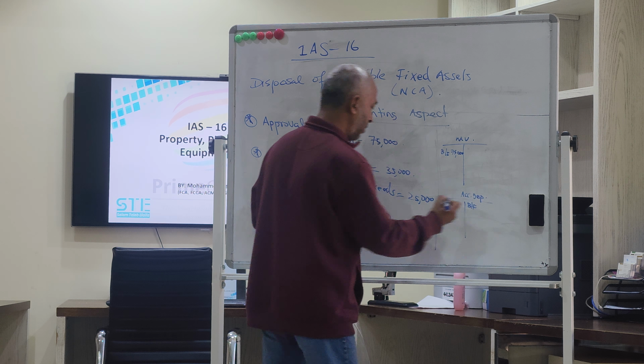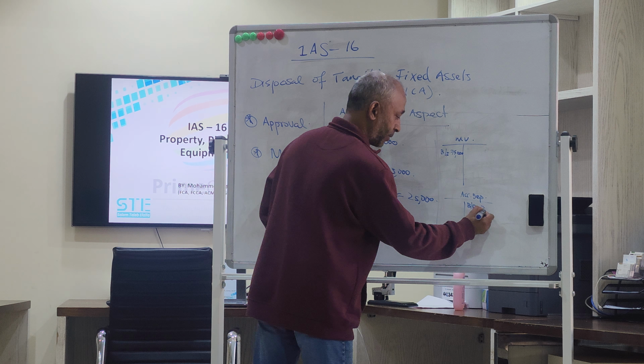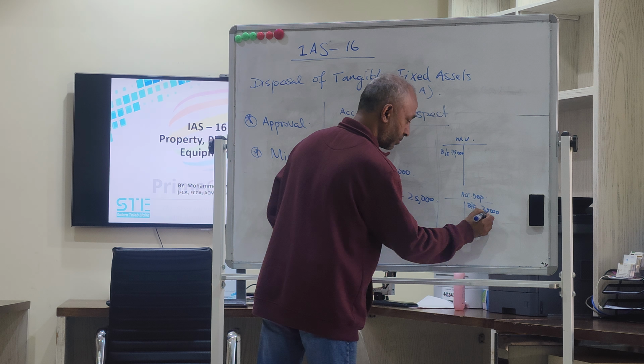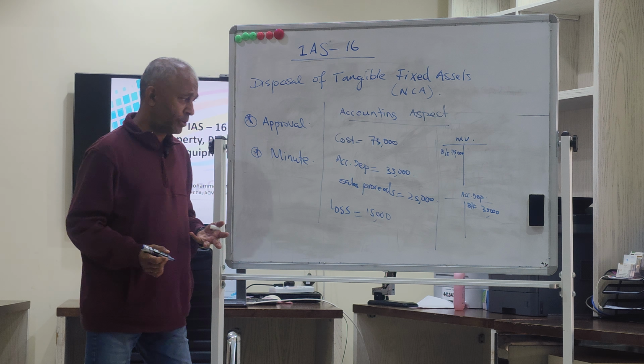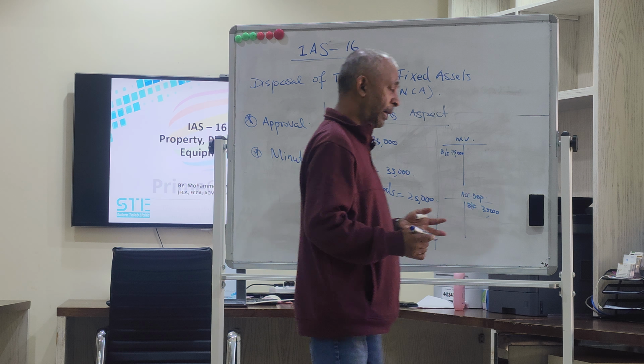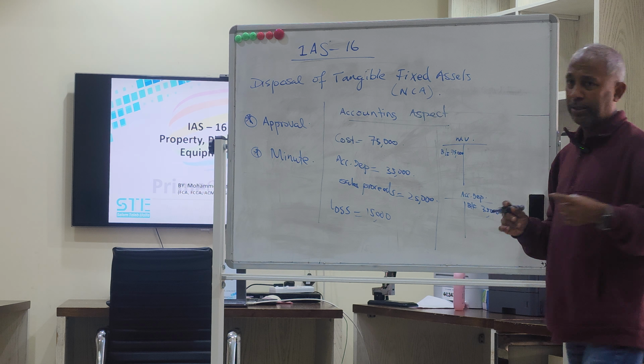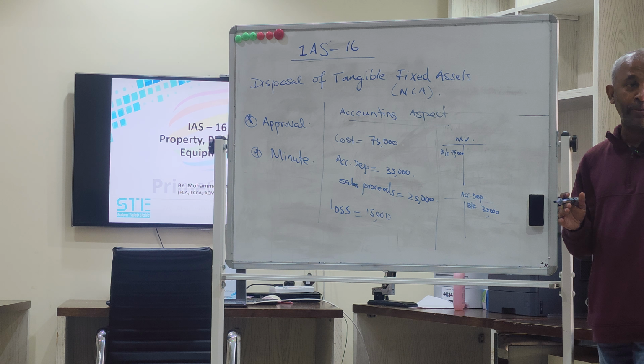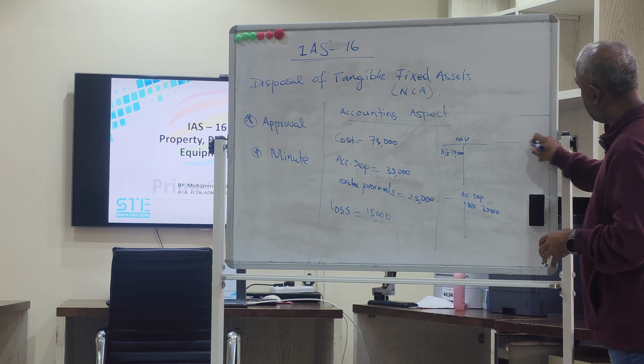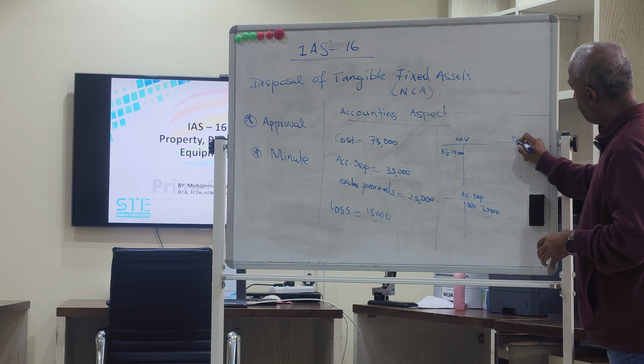The accumulated depreciation so far is 35,000. Now we decide to dispose this. So we maintain one special account. Actually, that is an intermediary account, a temporary account, just to manage the disposal.